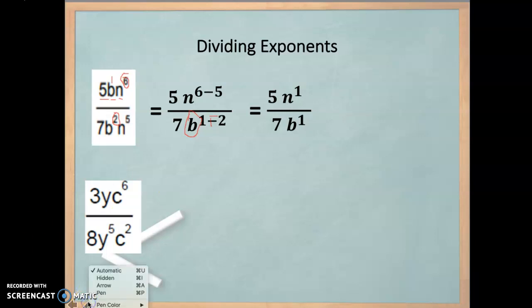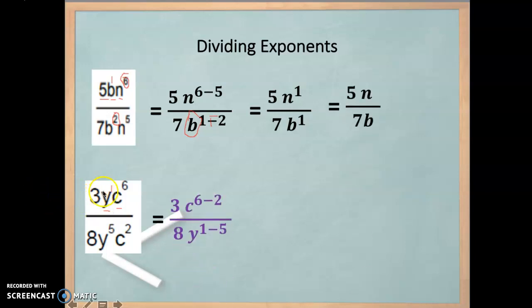In this case here, again, we see a numerical value and then 2 variables that we will be simplifying. In this case, the 5 is larger at the bottom, so I know the y will be at the bottom, and I will be doing 1 minus 5.